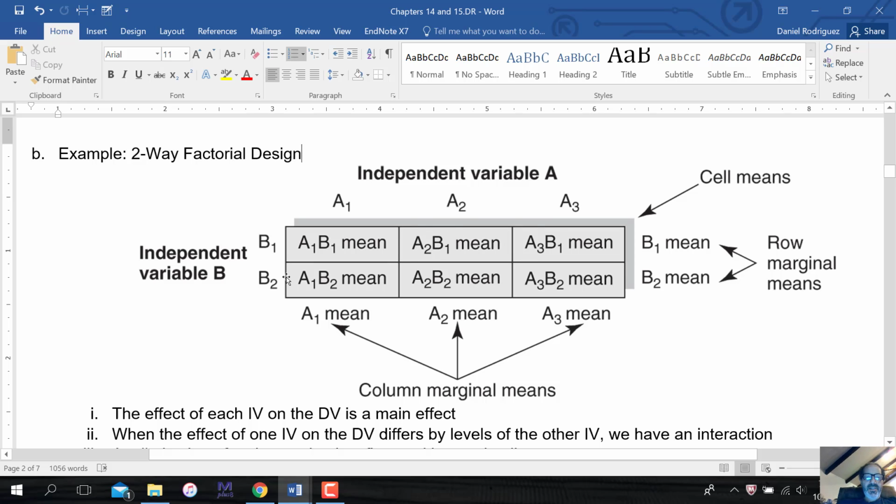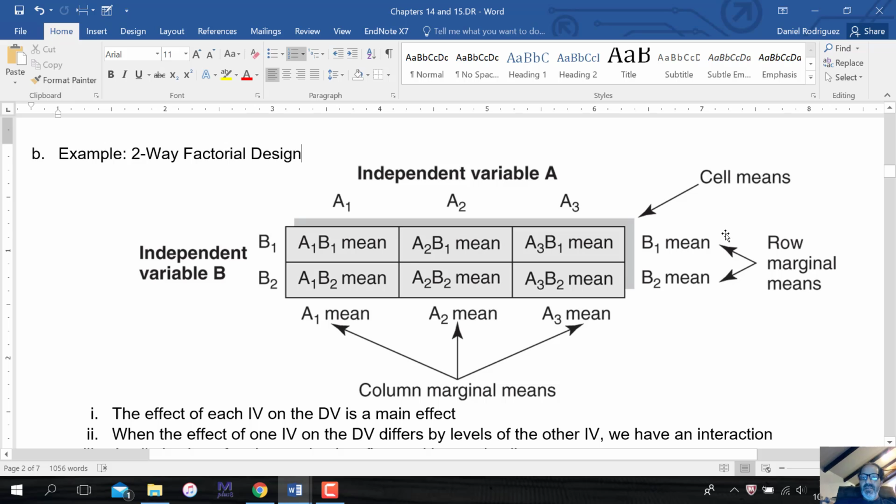So you can have three different groups here. You'll notice that there are cells here. There's 6 cells because there's two groups for the treatment and 3 groups for race/ethnicity. So 3 times 2 is 6.